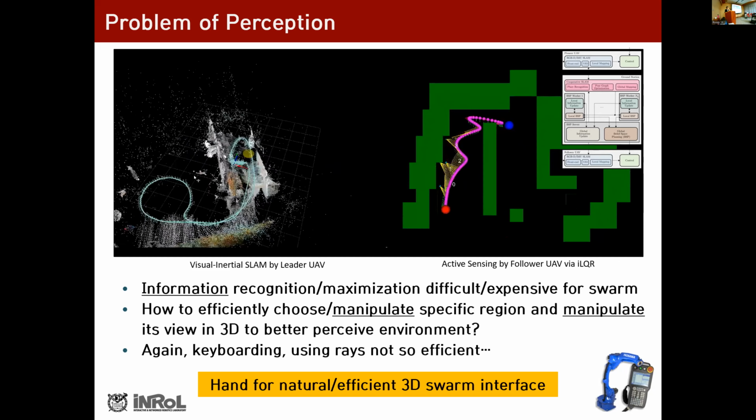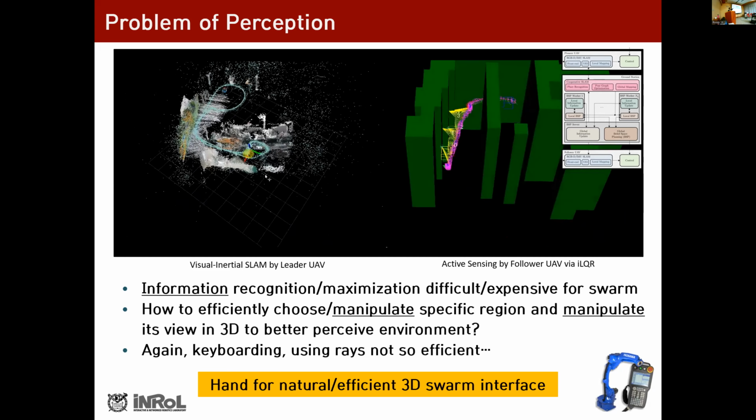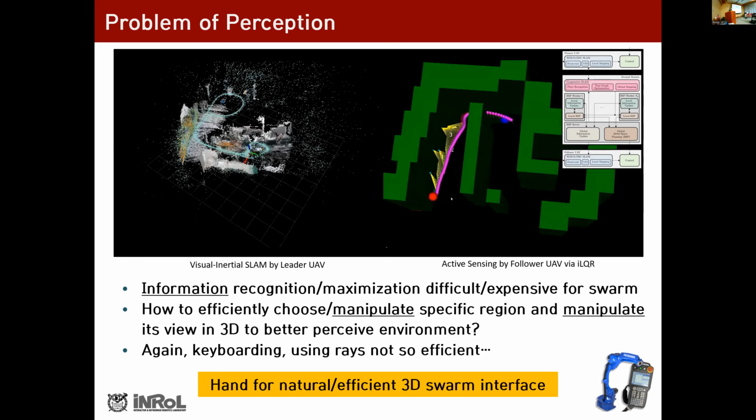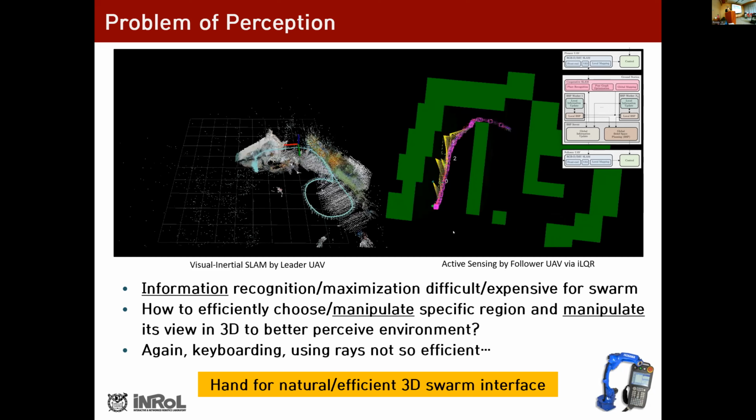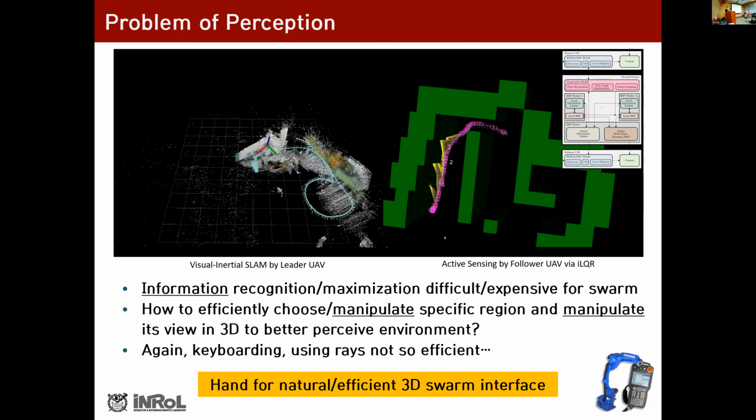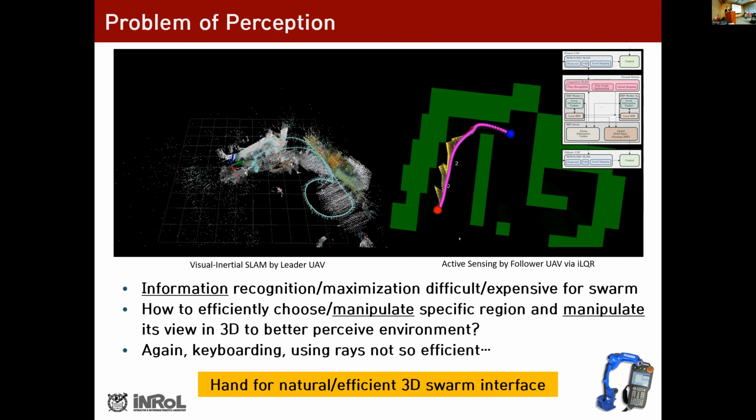Also, if you see this kind of map, you will naturally want to make some part of that map big and rotate it to better see what's going on inside. So again, choose, rotate, enlarge is a manipulation problem.